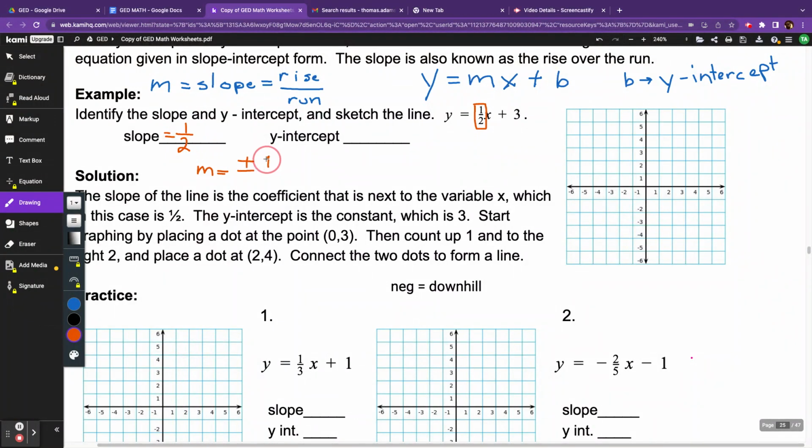Now, the slope is the rise over run, so if the positive number is on top, that means you go up. Usually, if you have a negative number, you toss that in the top. And then your bottom number will almost always be positive, so that means you go to the right. Because these are really like the change in x and y.